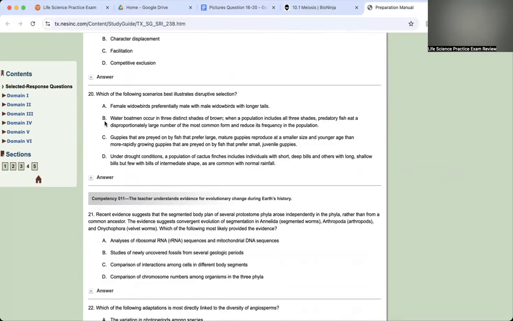Water boatmen occur in 3 distinct shades of brown. When a population includes all 3 shades, predatory fish eat a disproportionately large number of the most common form and reduce its frequency in the population. Again, this isn't really a true example of any of these above. This is more frequency dependent selection, meaning that they're going to eat what's most common, one, because they run into it the most, and 2, it helps to keep the ratios in check.